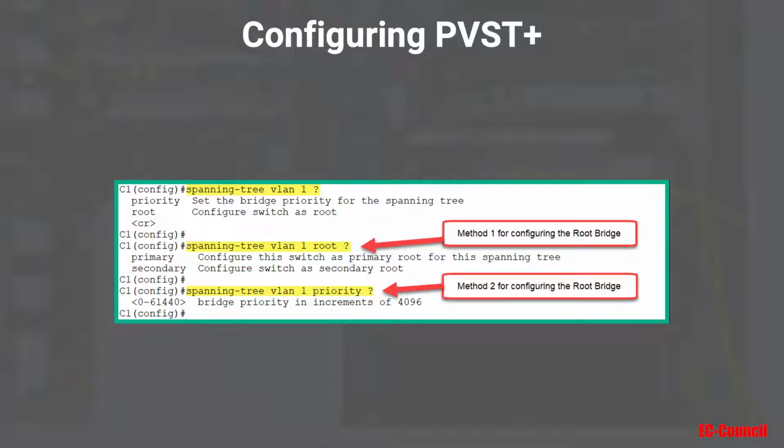When we use the root primary and secondary commands, this will ensure that spanning tree configures this switch. Let's say it's root primary, it will configure the switch with the lowest bridge ID. Therefore, this switch will always become the root bridge for VLAN 1. However, the second method is you can use a priority command here.